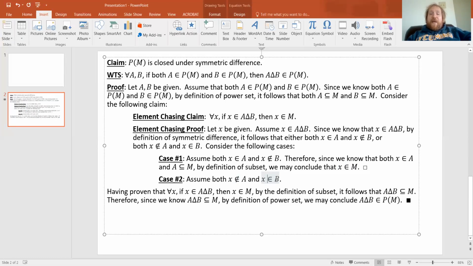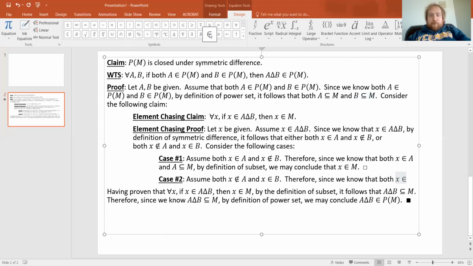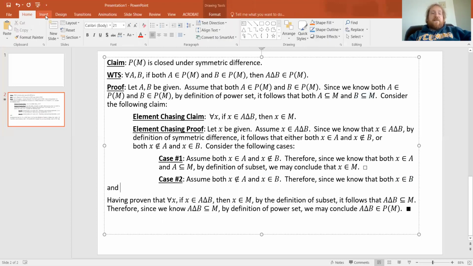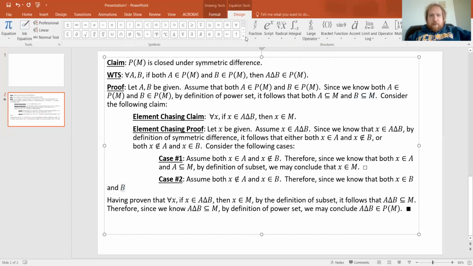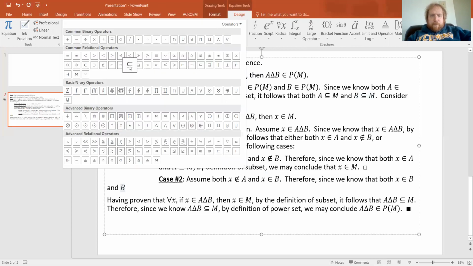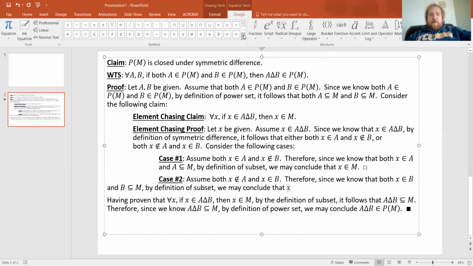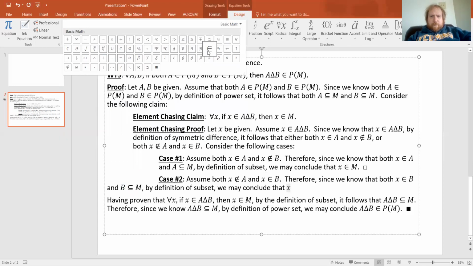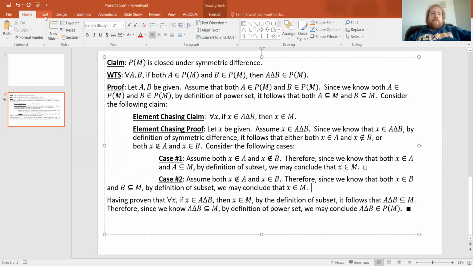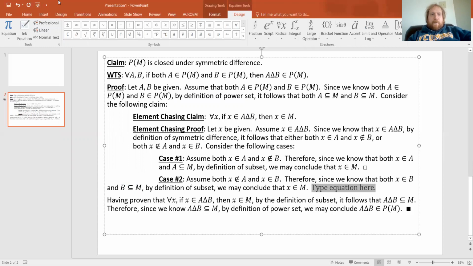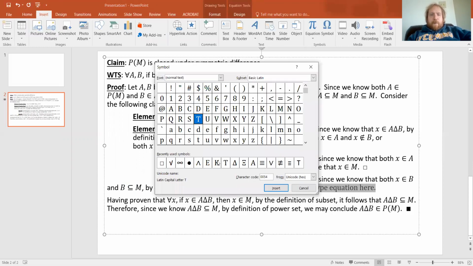We know that x is a member of B. We know that B is a subset of M. So, therefore, since we know that both x is a member of B and B is a subset of M, by definition of subset, we may conclude that x is a member of M. Again, we'll put a hollow square there.